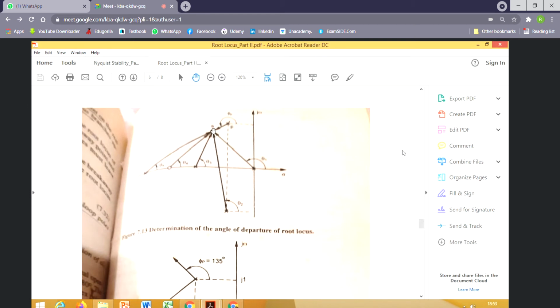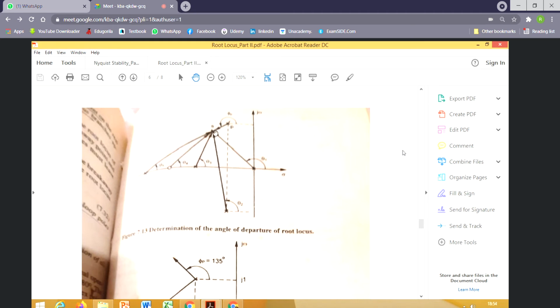Assumption number two is this point is very close to this open loop pole, and we'll be calculating the angle of departure from this complex open loop pole. So again, I repeat, S0 is a trial point which is an on-locus point, and this point is very close to this open loop pole, right?